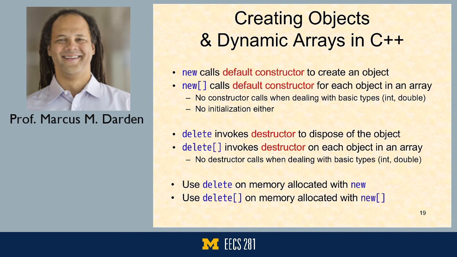If I say new with square brackets to create a collection of objects, it's going to call the default constructor a bunch of times, once for each object in the array, right? So that works. If I don't have constructor types, like an int or a double, those things don't have constructors. They don't call a constructor there. They don't get initialized either if I use new with square brackets. But if I do call new with square brackets with an object, then the default constructors will be called.